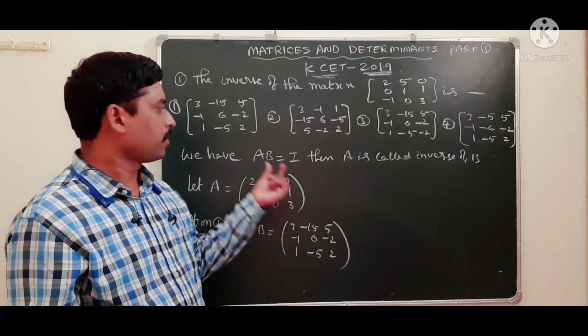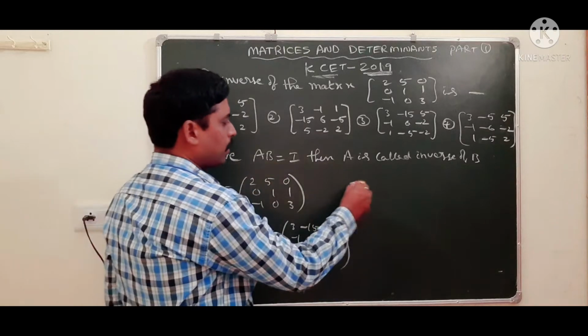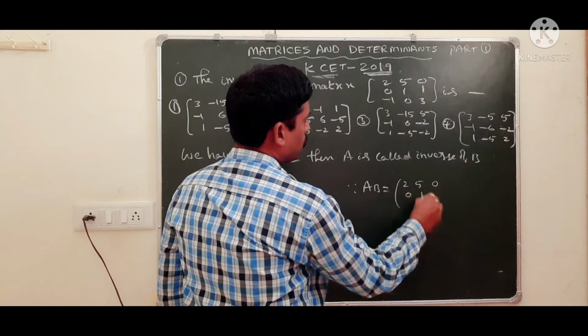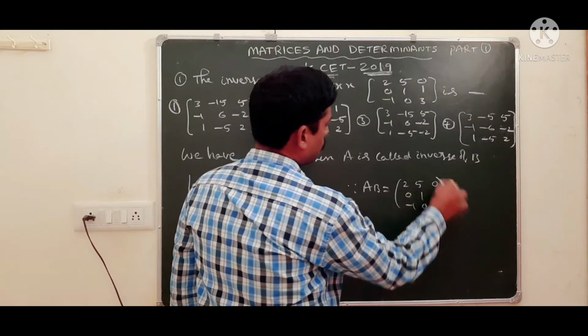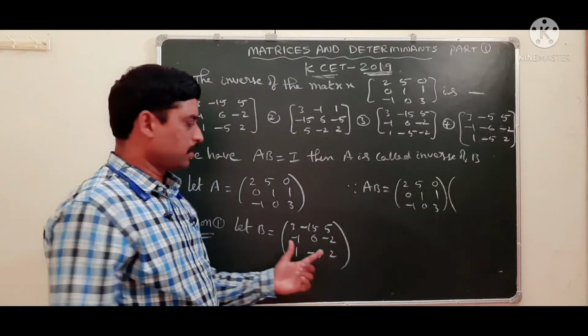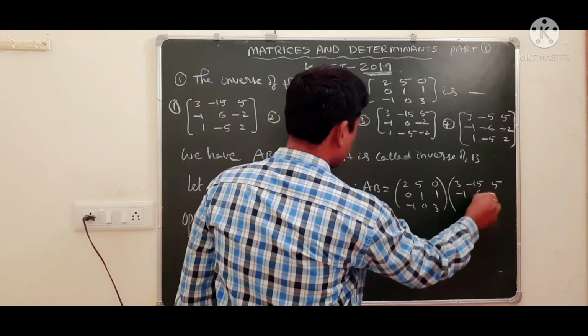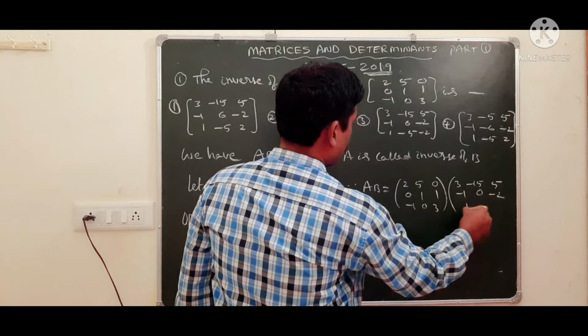Now we have to find first AB. So AB is equal to, so what is A? [2 5 0; 0 1 1; -1 0 3] into, B matrix, write this as it is.